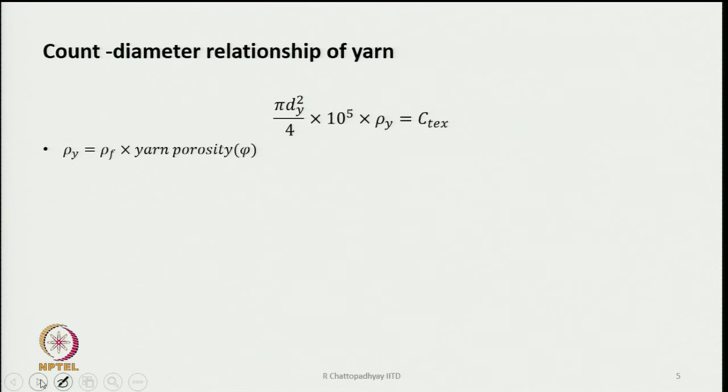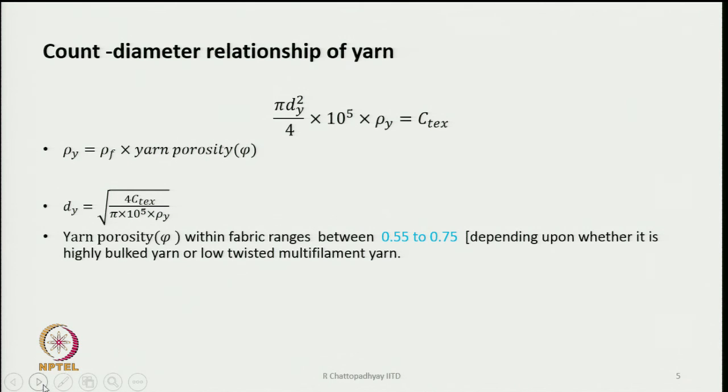This is a typical relationship available in the textbooks: pi d y squared by 4 into 10 to the power 5 into rho y is the count value of the yarn, C tex, and yarn density is fiber density into yarn porosity. Therefore, the diameter of the yarn is root over 4 C tex by pi into 10 to the power 5 into rho y.